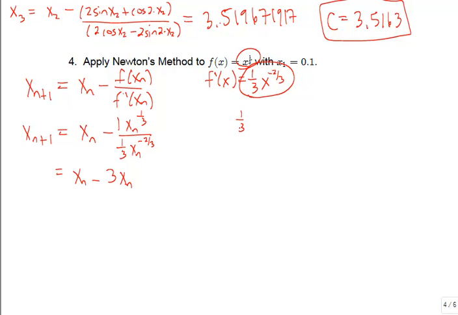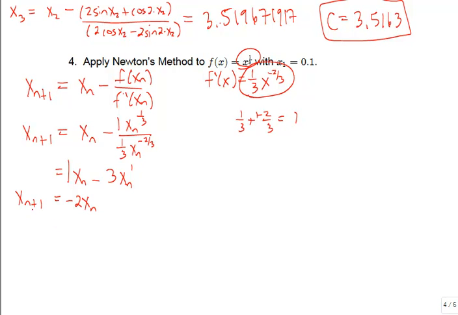So 1/3 minus a negative 2/3 just becomes 3/3 or 1. So this becomes 3x sub n to the first. And now that means I have like terms right here. So 1x sub n minus 3x sub n is negative 2x sub n. So it's actually a very simple formula for Newton's method.